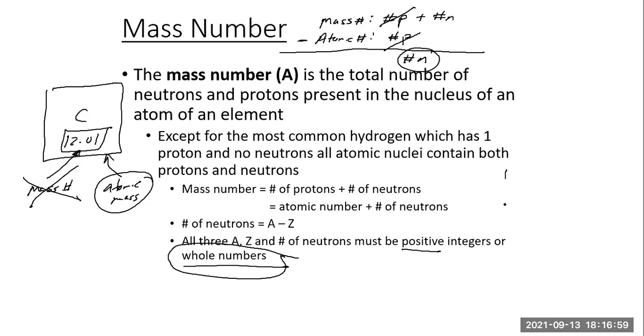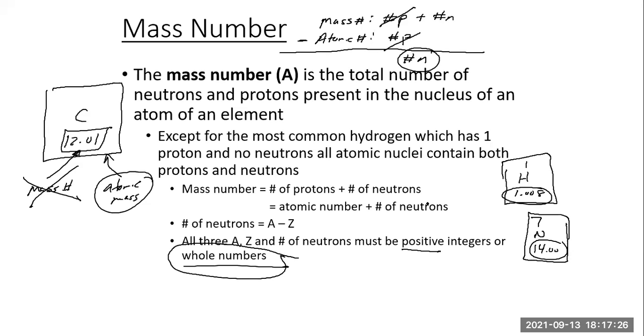If you scour the periodic table, pretty much every single element has a bottom number that is not a whole number. They're all decimal numbers. The reason people mess it up a lot of times is that the mass number and the atomic mass are very similar to each other.